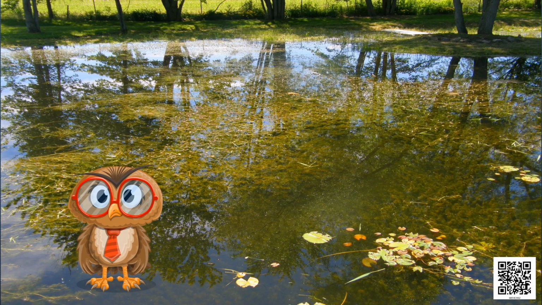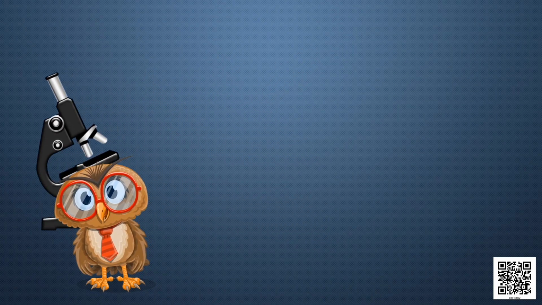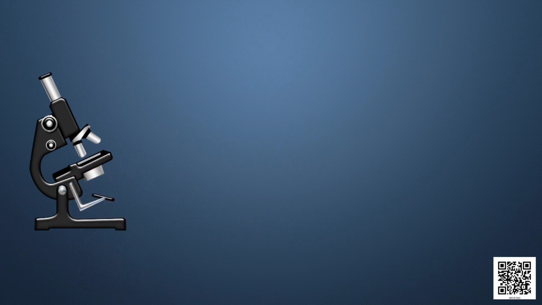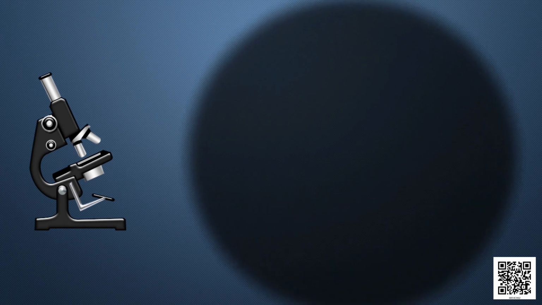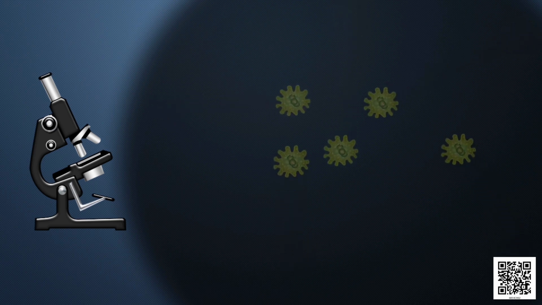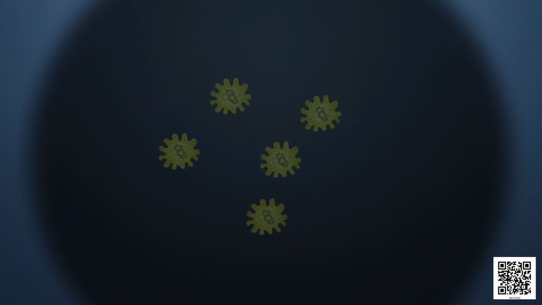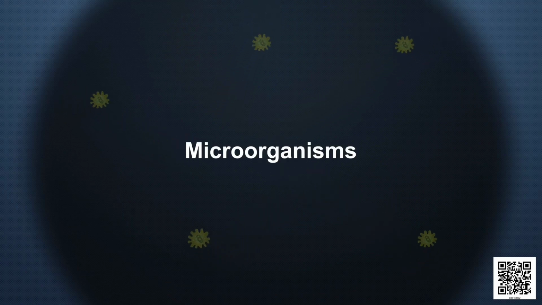Place this drop on a glass slide. Now observe it under microscope. What did you observe? You will see very small organisms in it. Similarly, take a drop of water from pond, place it on a glass slide and observe it under microscope. You will also see microorganisms in it.